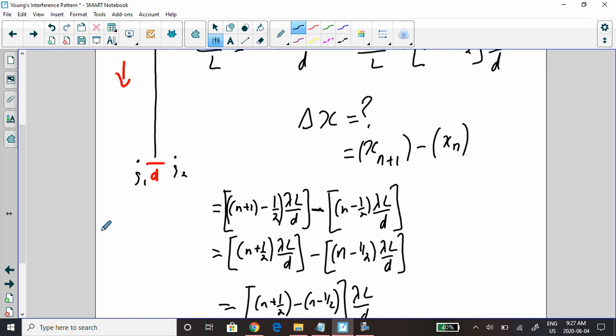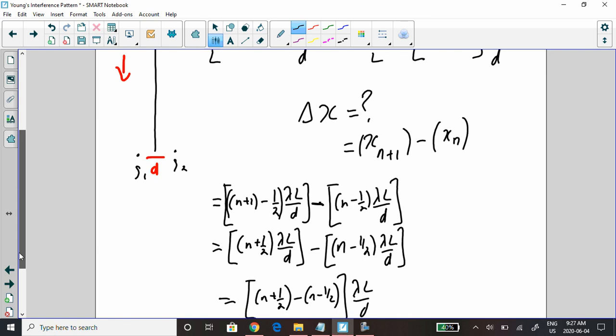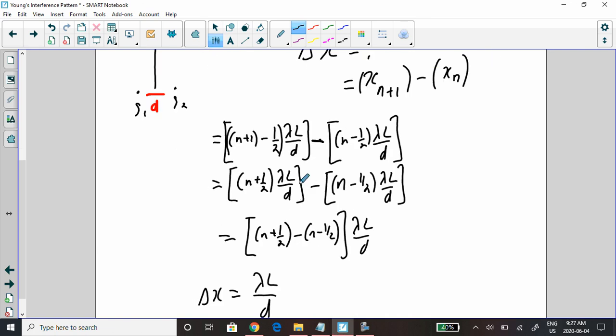Now I'm going to factor. So I factor out the lambda L over d. And what am I left with? I'm left with n plus a half minus n minus a half. Well, n minus n is gone. A half minus a negative half gives me 1. So now I know that there is a constant difference in the x position.